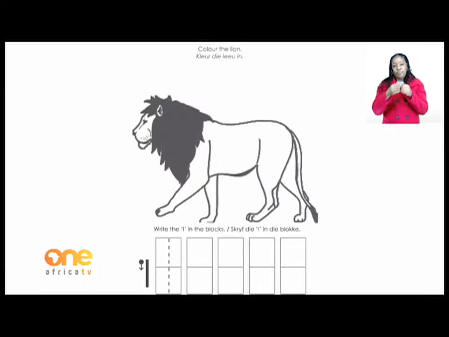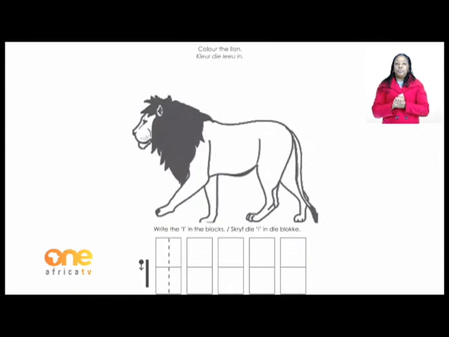We start from the top part of the block and join the dots as neatly as possible as we go all the way down. Can you do that neatly, joining the dots until you get to the end of the other block? Now let's copy and write letter L in all the blocks on page 18.